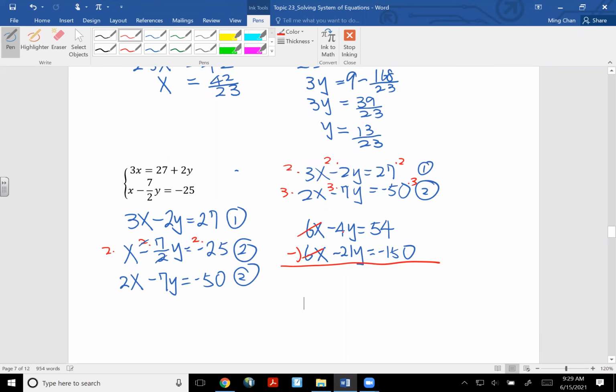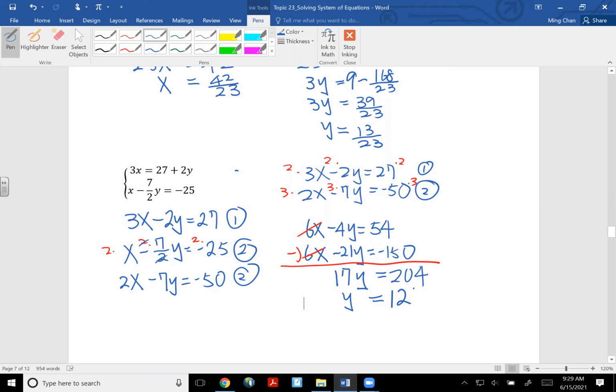All right, be very careful here. You've got to say negative 4 subtract negative 21. If you say negative 4 subtract negative 21, then you should get 17y. All right, here you've got to say 54 minus negative 150. 54 minus negative 150 should give you positive 204. Divide both sides by 17. Your y should be 12.